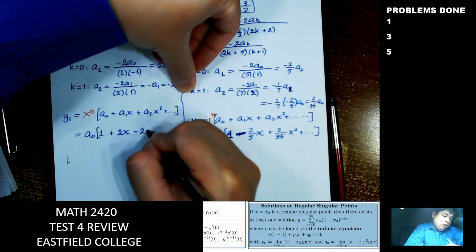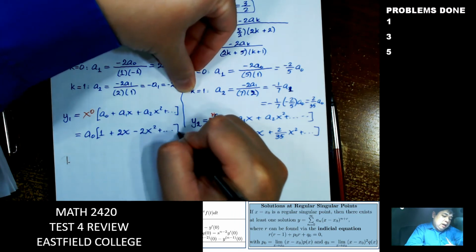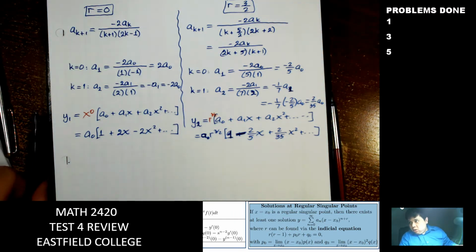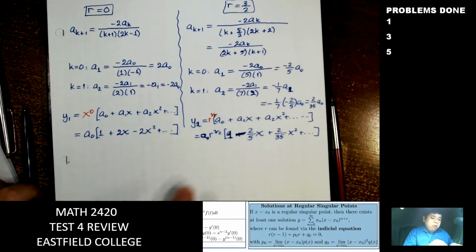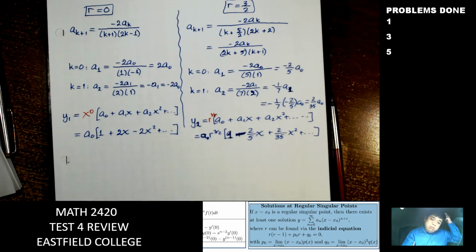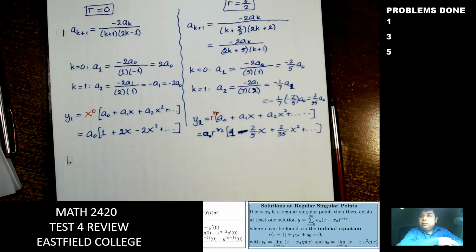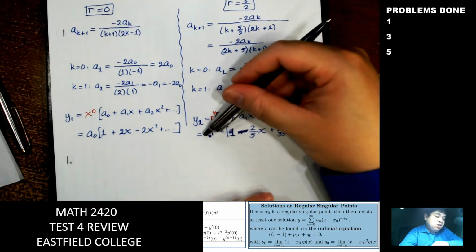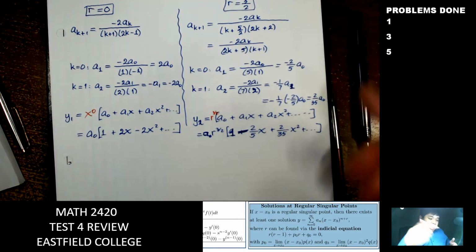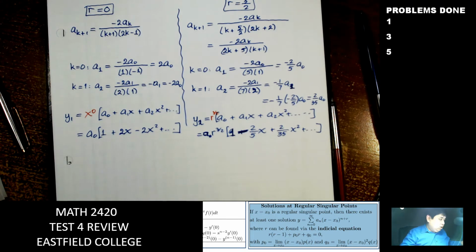We have negative 2x squared, and then so on. So that looks right. And the solution will be the linear combination of these two. So pretty much we add them together. And that a0 and this a0 might not be the same. That's why we have the solution as the combination of them.